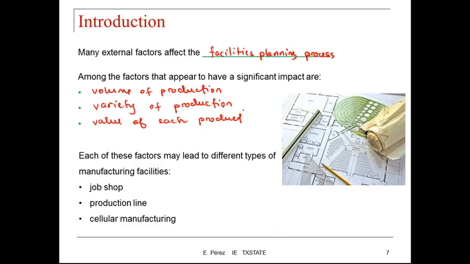Each of these factors may lead to a different type of manufacturing facility, and we discussed that in class.